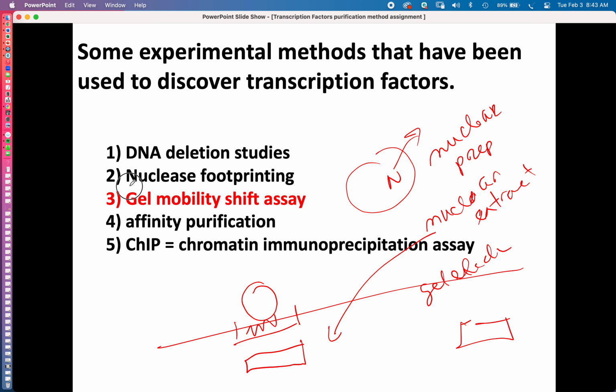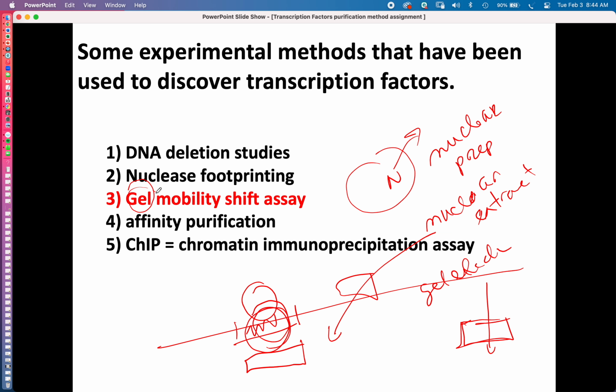So it's a gel mobility shift, and the very simple concept is now we have this piece of DNA we're studying, just a very short piece of DNA, and it would go through a gel. The gel separates it based on its size, and it would move through the gel pretty quickly. And when we add the nuclear extract, if we can get conditions where the transcription factor, again, it's the estrogen receptor, binds, it will be a bigger molecule and it will move slower.